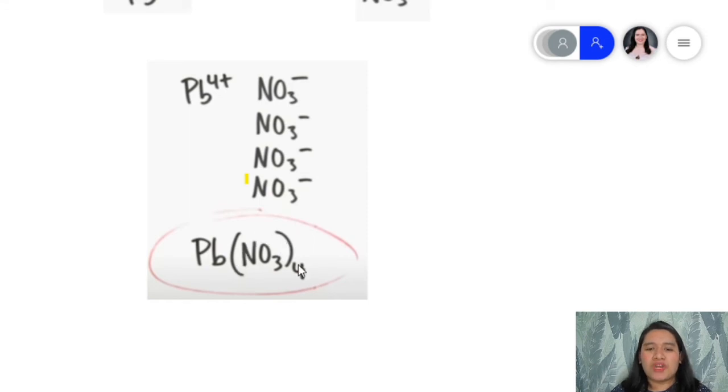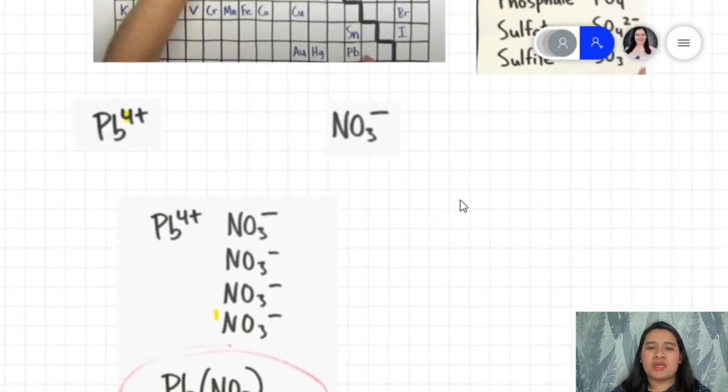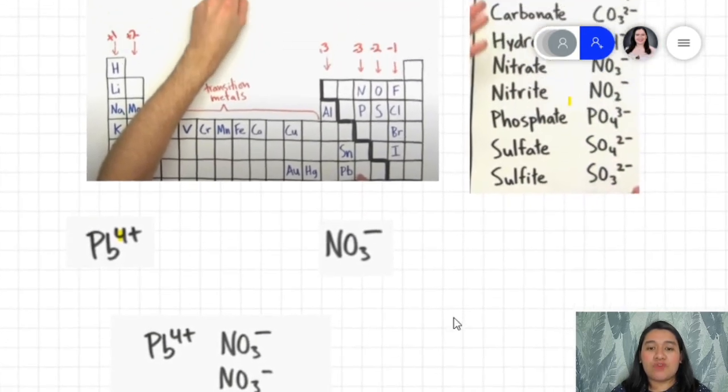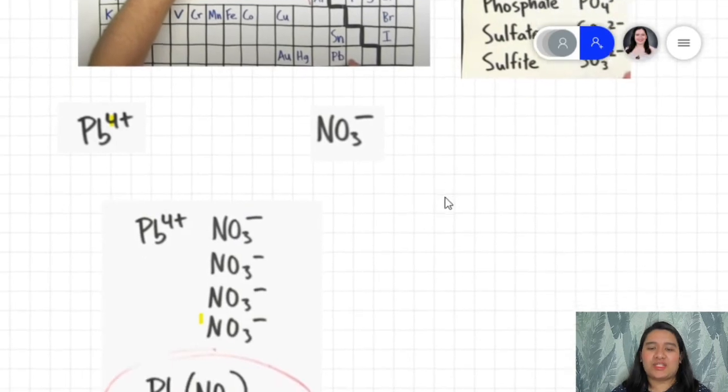So, parentheses, NO3. How many nitrate can you see? 1, 2, 3, 4. That is why we have a subscript of 4 here. That shows that we have 4 nitrate in this compound. So Pb(NO3)4 is the chemical formula for lead nitrate.